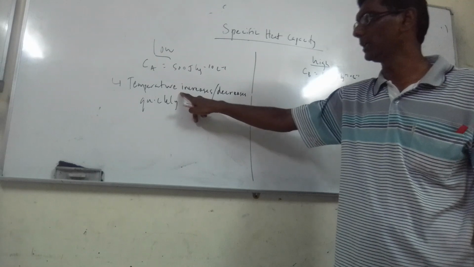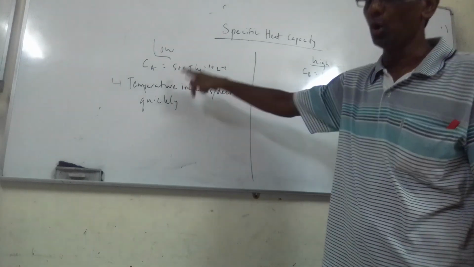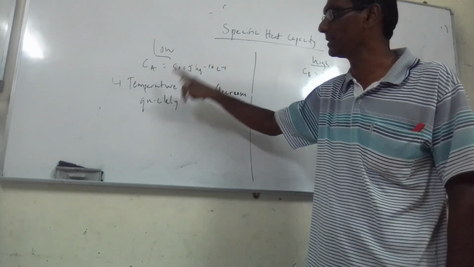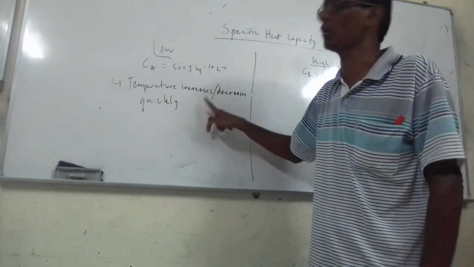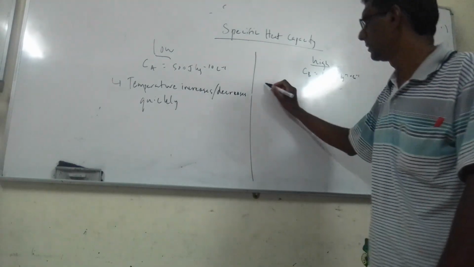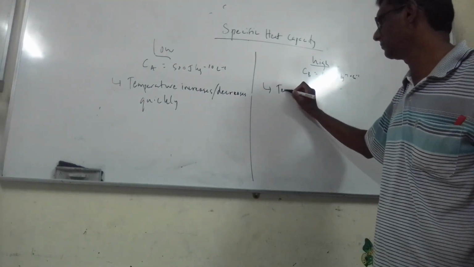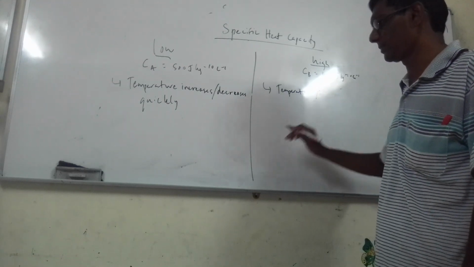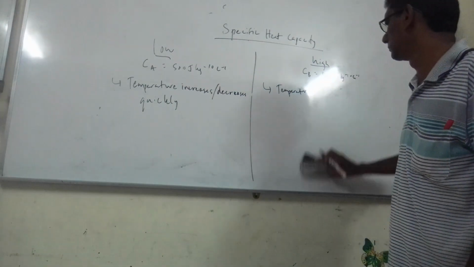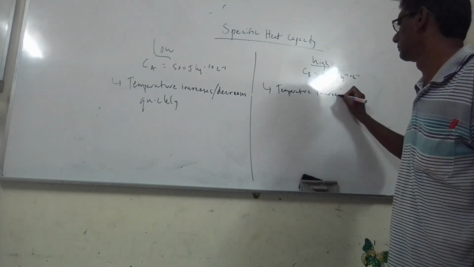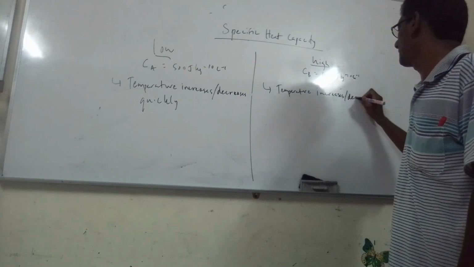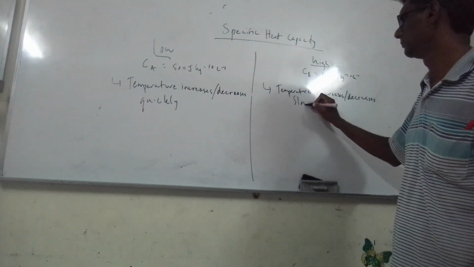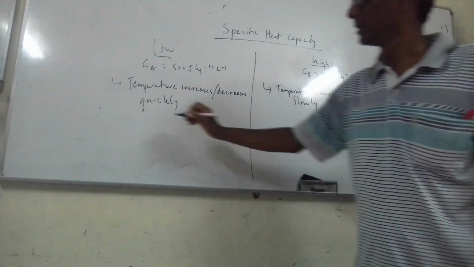For the object or substance having low specific heat capacity, temperature increases or decreases quickly. But for this one, high specific heat capacity, temperature increases or decreases slowly.